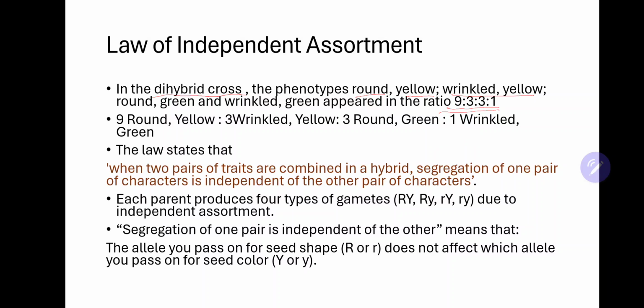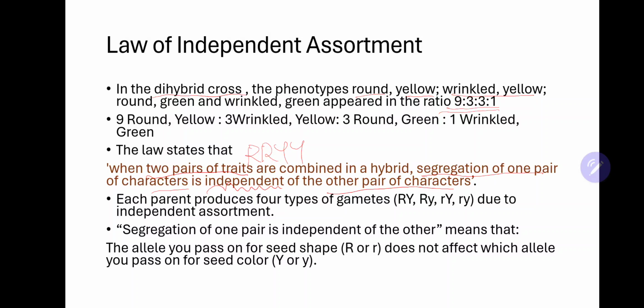From this, the law states that when two pairs of characters or two pairs of traits are combined in the hybrid, which are the two pairs of traits here, let it be round yellow. When the two pairs of traits are combined in a hybrid, the segregation of one pair of characters is independent of the other pair of characters.